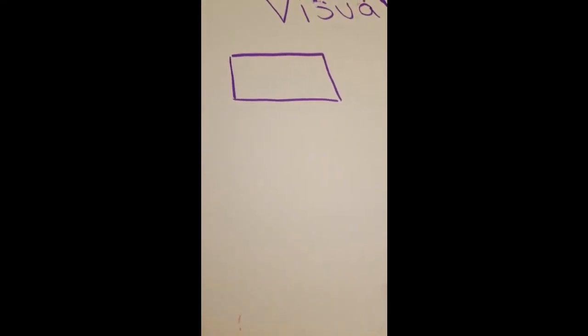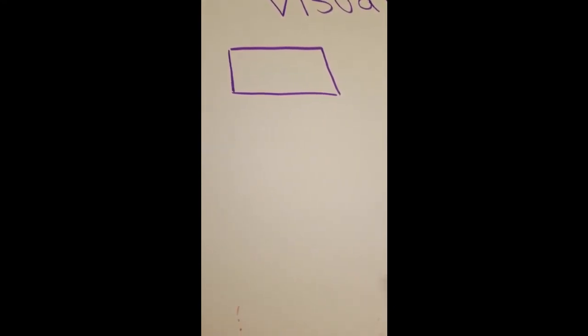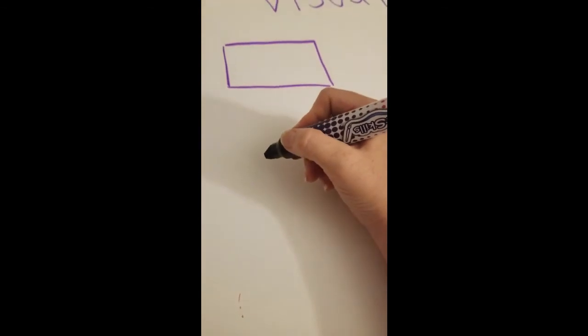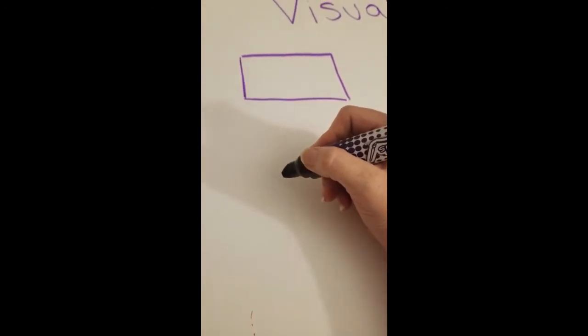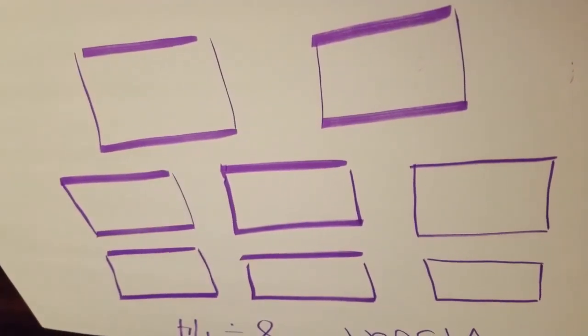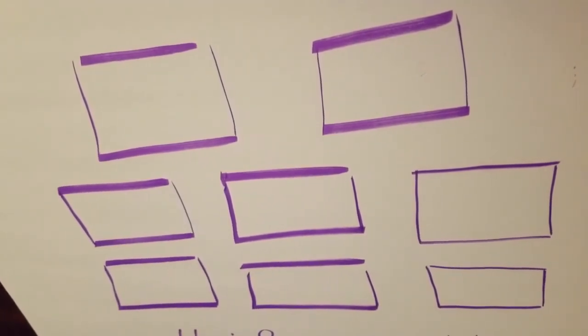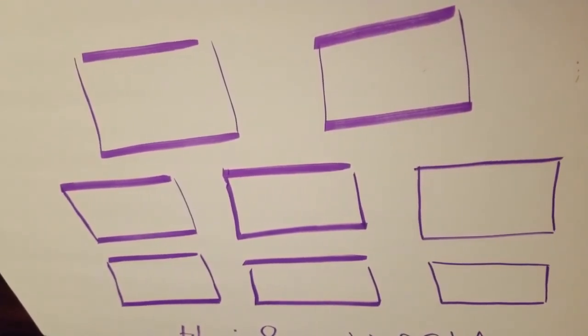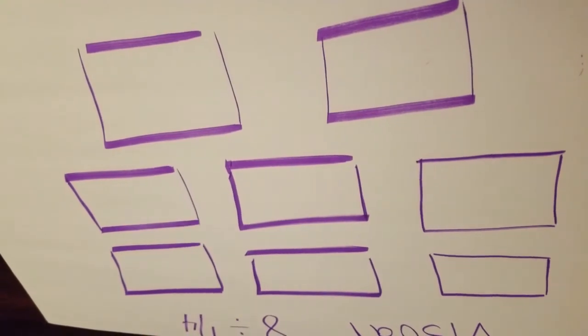So we're going to start out by drawing one box, and I'm actually going to need to draw 8 boxes. Now I have 8 boxes, and I'm going to divide them into 1/4.